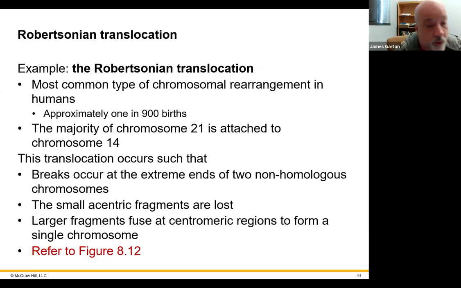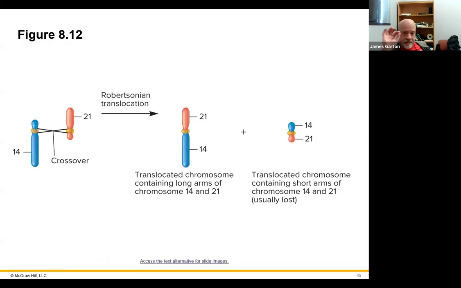The extreme ends of chromosome 21 and chromosome 14 are prone to breakage, and sometimes little pieces of DNA with no centromere get lost. Larger fragments might fuse together, and they make a very specific, abnormal looking chromosome.